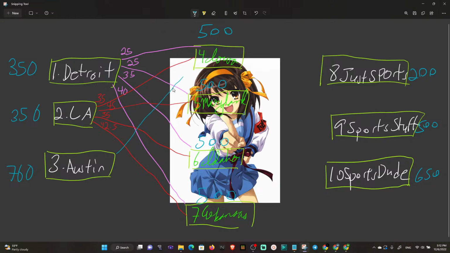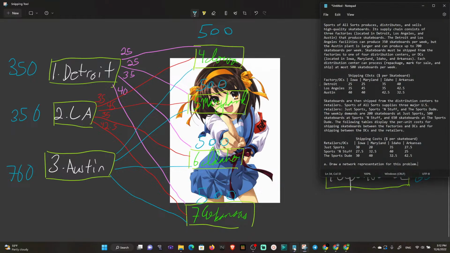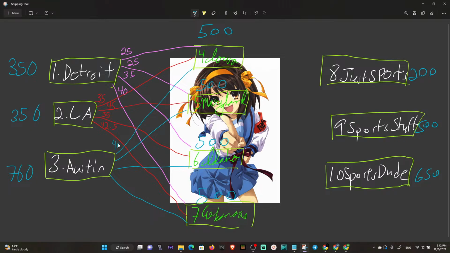Austin to Iowa. Austin to Maryland. Austin to Idaho. And Austin to Arkansas. Austin's numbers were 40, 40, 42, and 32.5. So let's connect it. 40, 40.